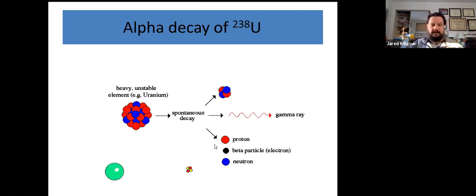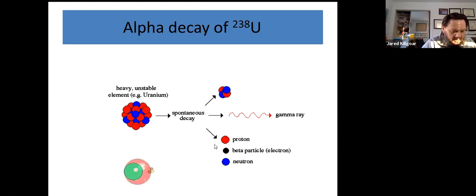So alpha decay, I'm going to go over this example. I'm going to take the iPad and share my screen. And I'm going to go over the alpha decay of uranium-238.